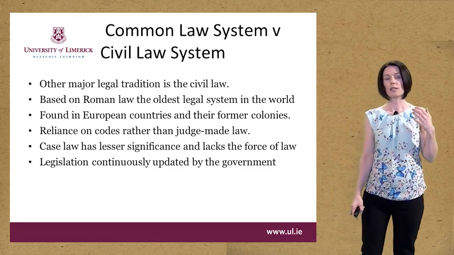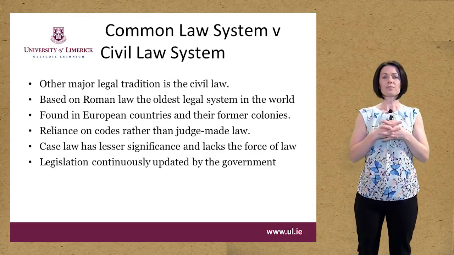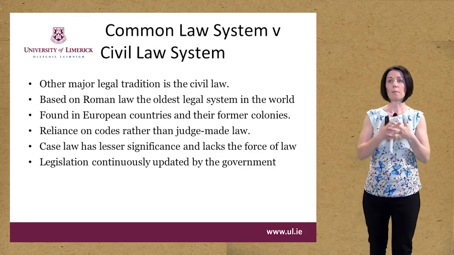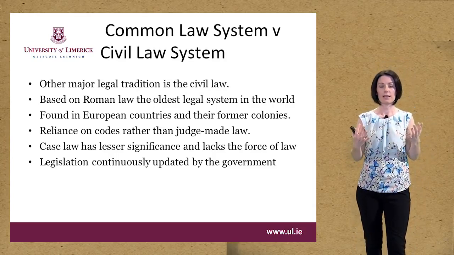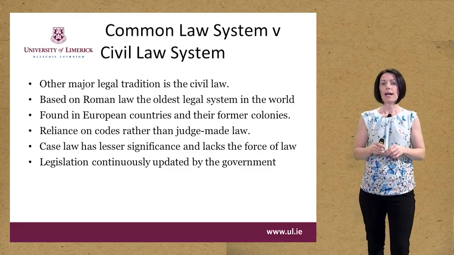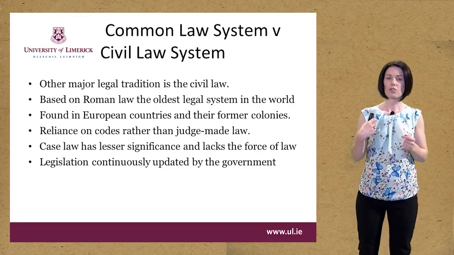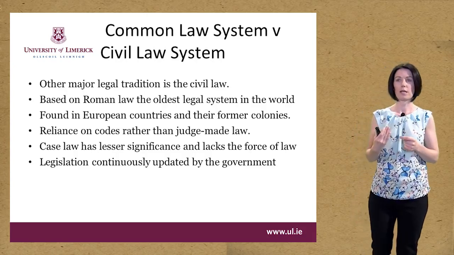So the difference between the common law system and a civil law system, at a very broad level. The civil law system being the other major legal tradition, which is basically based on Roman law. You'll find a civil law system in countries such as France and Germany, for example.